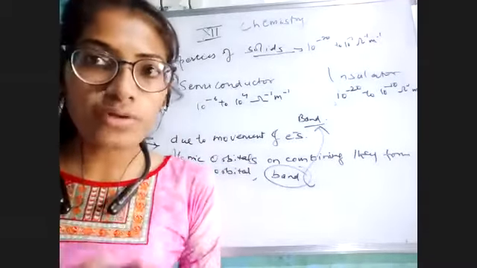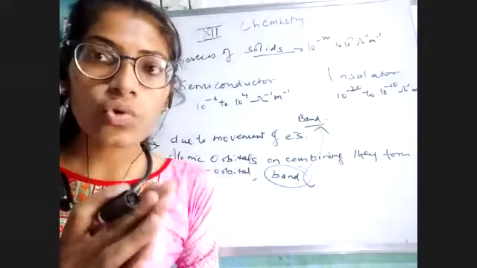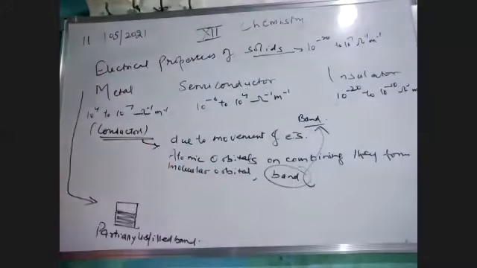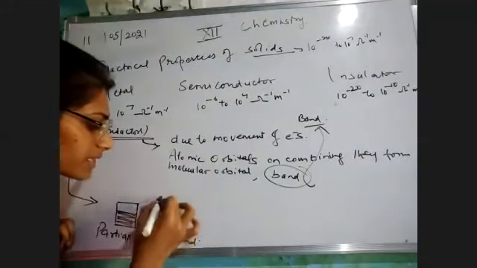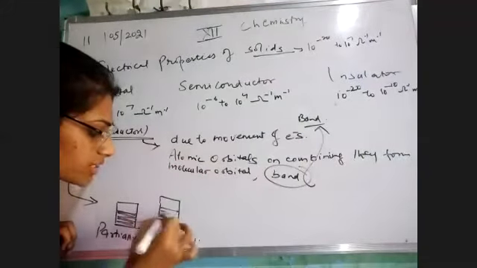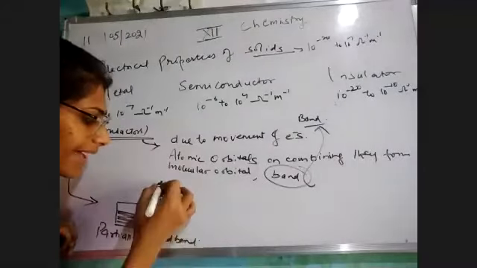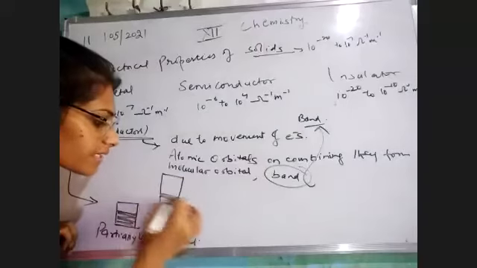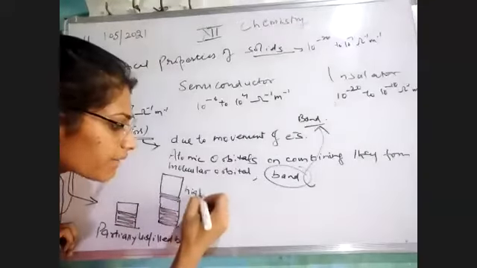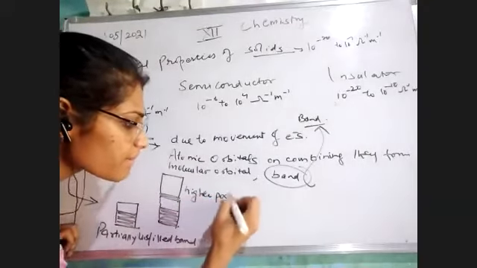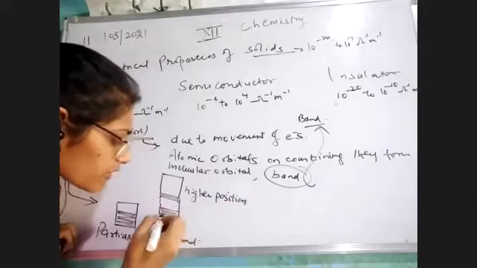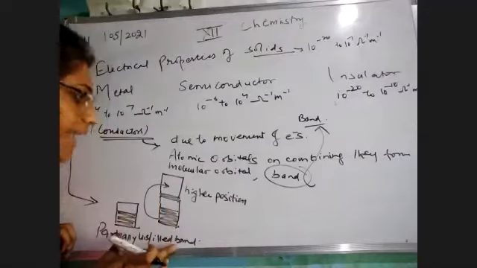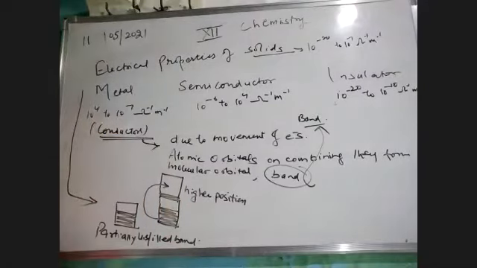Now I have told you that conductors show conductivity when electrons start jumping. So if there is this partially unfilled band, and this is almost occupied with another band which is of higher position, the electrons can easily jump to this band, and this is known as our conductors or metals.